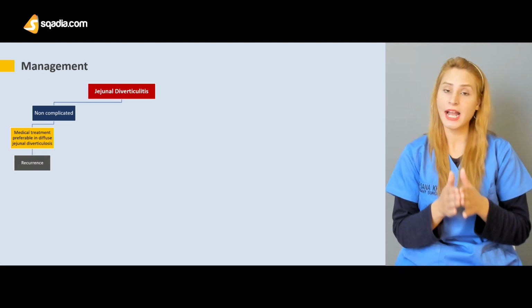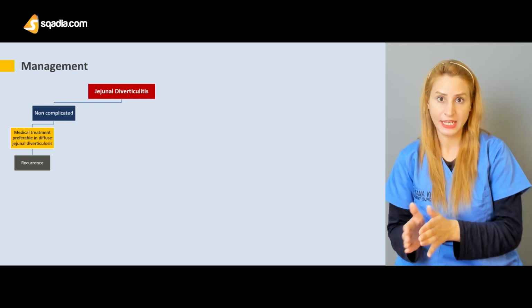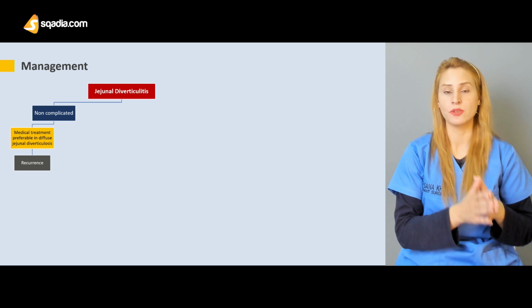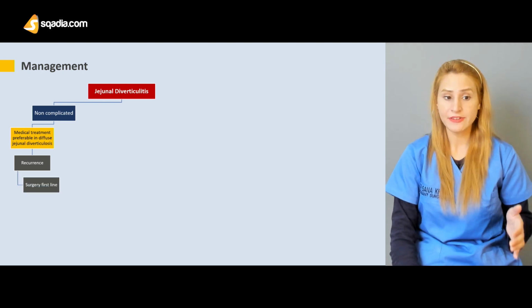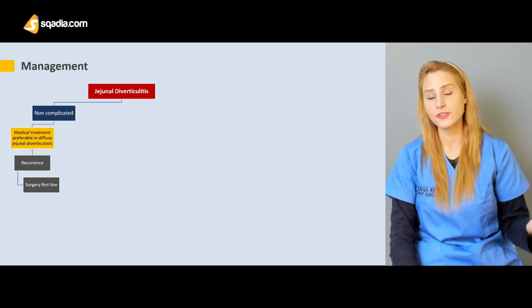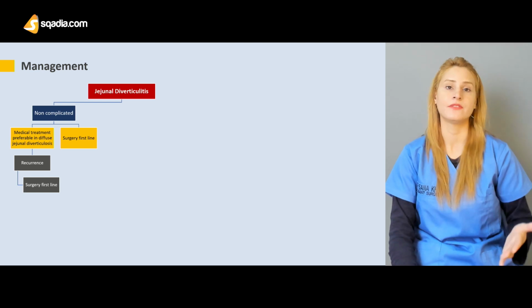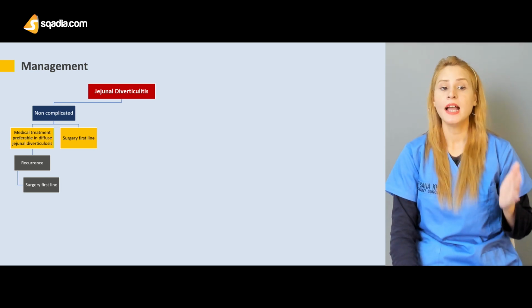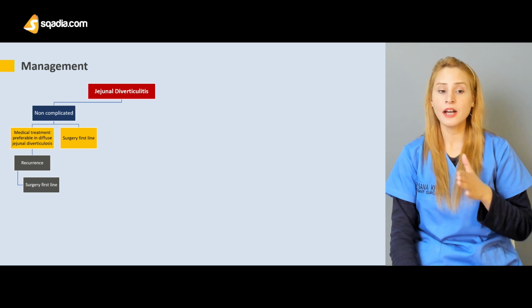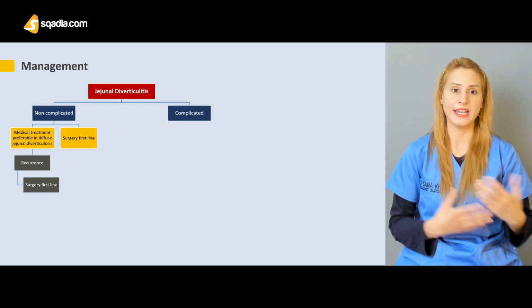And if you have treated non-complicated diverticulitis with medical therapy and then there's a recurrence, then you have to go for surgery. So surgery becomes the first line treatment for non-complicated cases when there is recurrence of jejunal diverticulitis. In non-complicated cases, another option is that you go for surgery as a first line treatment.